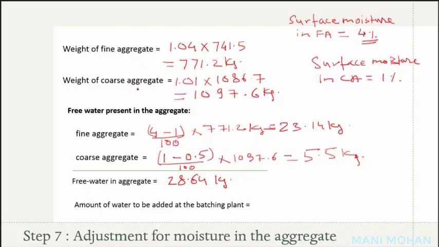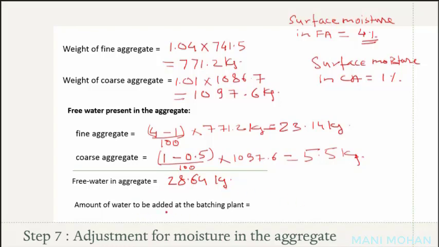So we need to reduce the water to be added to make concrete, because if I add the water which we have computed, that water along with this water is going to increase the water cement ratio, which is going to affect the strength of the concrete if we are not taking care of this free water in aggregate.